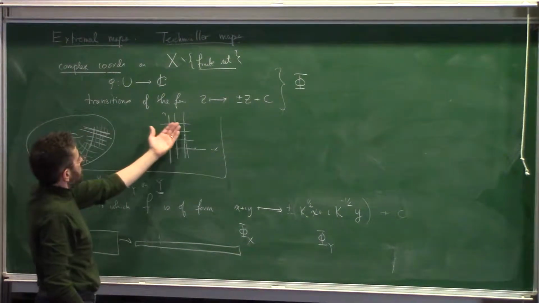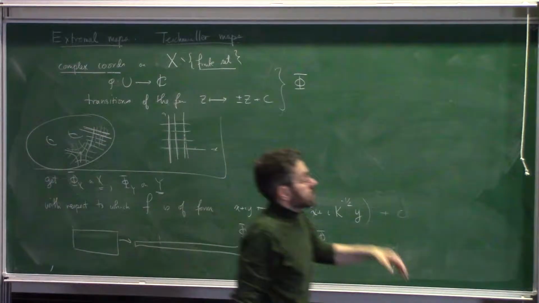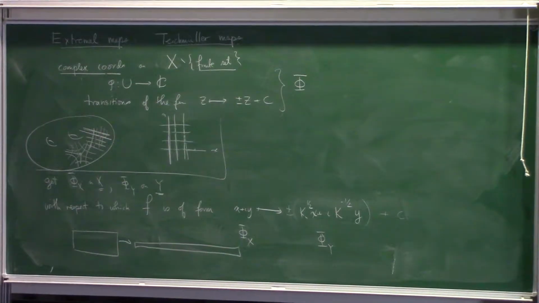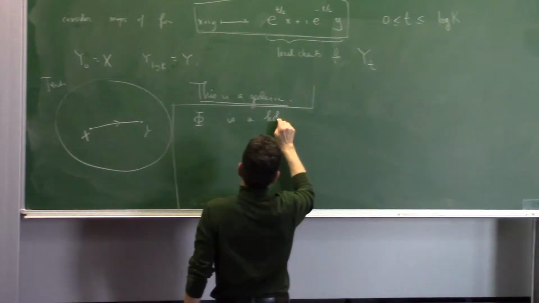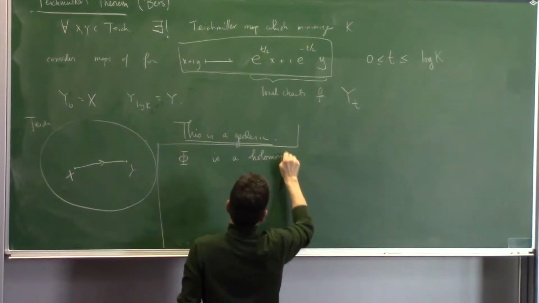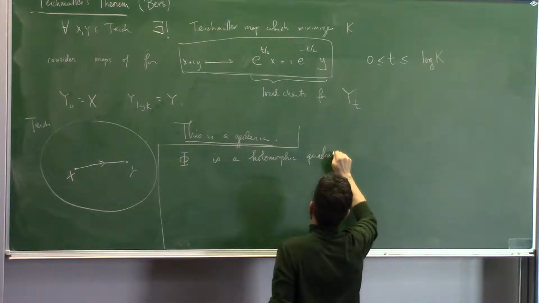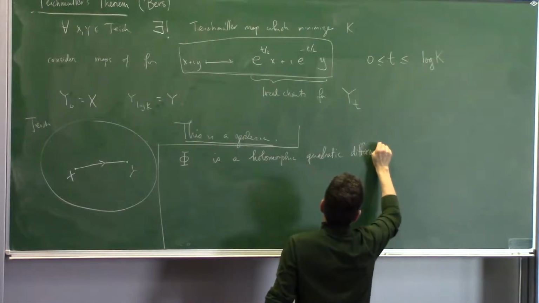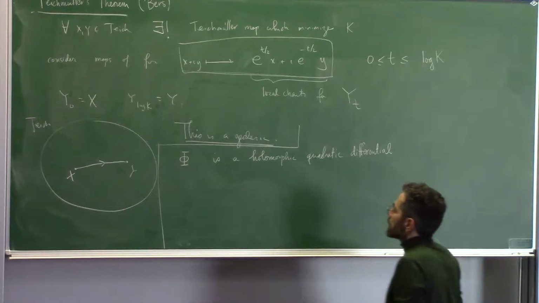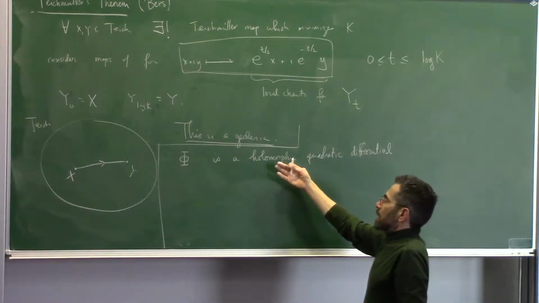The data that gives you this is called a holomorphic quadratic differential. Maybe I'll say it just so that you know how to look it up, but I won't explain if you haven't seen it before. It's some kind of holomorphic tensor on the surface, which is exactly equivalent to the structure I gave there.